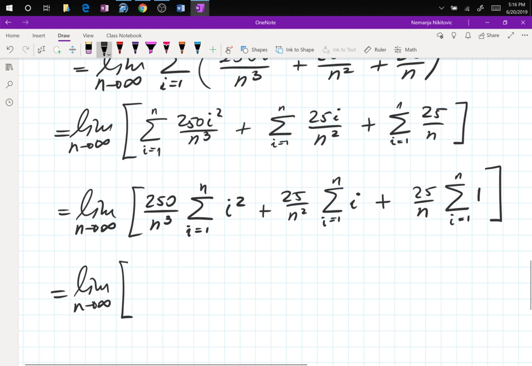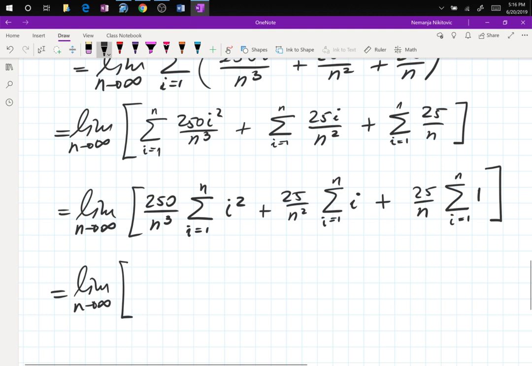If you have, well, they use k, I use i, same thing. If you just have i, then it becomes this formula for triangular numbers. Proofs don't matter now. So n times n plus 1 over 2. If you have i squared, and we do have i squared, then it's n times n plus 1 times 2n plus 1 over 6. And then for i cubed, we don't have i cubed in this problem, but if there was one, you would have the formula of n squared times n plus 1 squared over 4, right?